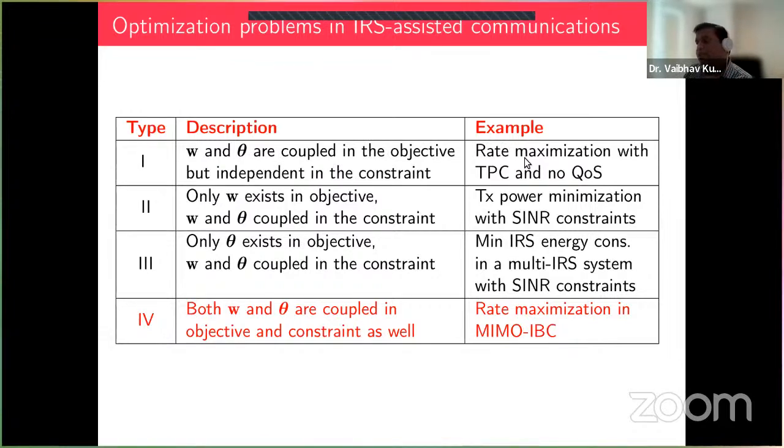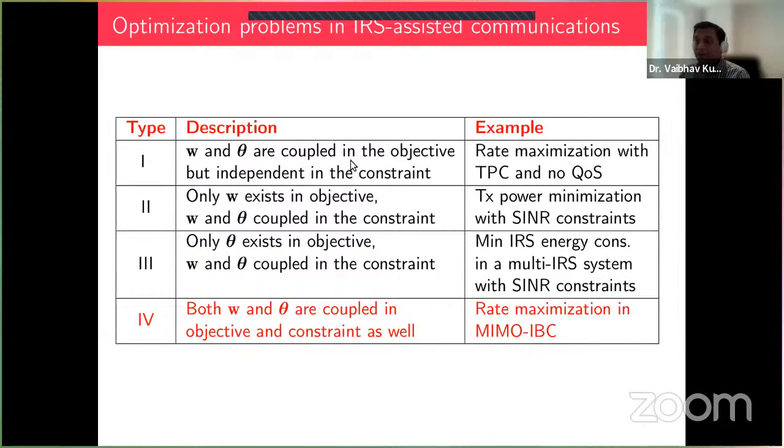An example of this is if I want to maximize the rate in, say, a MIMO communication system, but in the constraint I do not have any quality of service constraint, like maintaining a minimum rate or a minimum SINR at any particular user. If my goal is just to maximize the rate or the sum rate, then in the objective we will have coupling between the optimization variables, and in the constraint we will have no coupling.